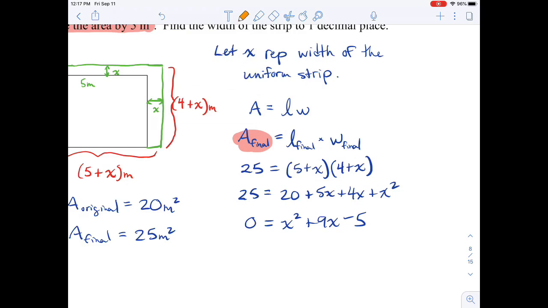So once again, this is where I'm going to leave you to finish this one off because it really is just quadratic formula. So you can practice using quadratic formula with an a value of 1, a b value of 9, and a c value of negative 5. So finish that one off on your own.